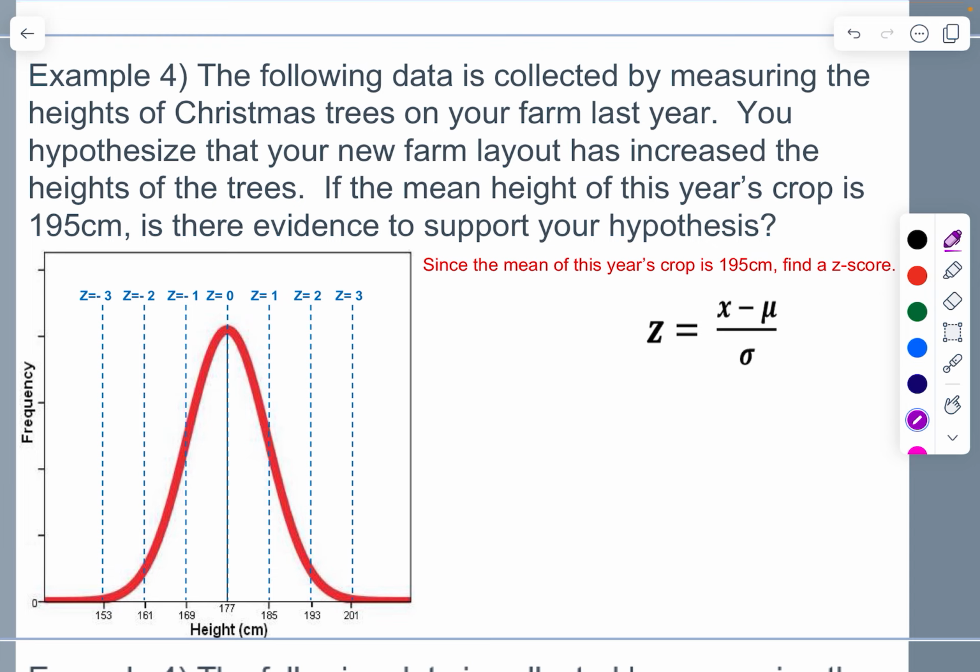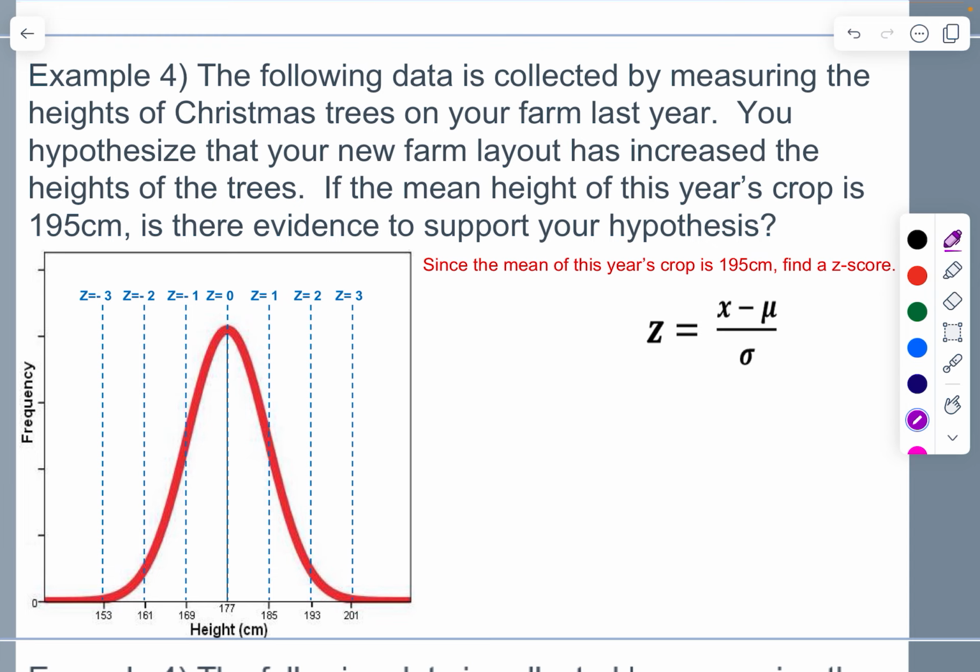Maybe you thought the soil was going to be different over here, maybe the sunlight was going to be different, right? You thought maybe your trees were a little small last year, so this year you were like, I'm going to make one change. I'm going to plant them in different places and see if this is going to affect the height, right? Your hypothesis is if I change the location, my trees may be taller, right? And so now we want to statistically see if that's true.